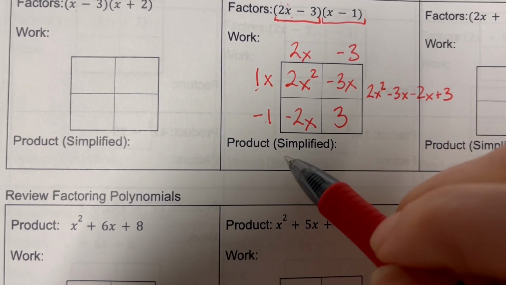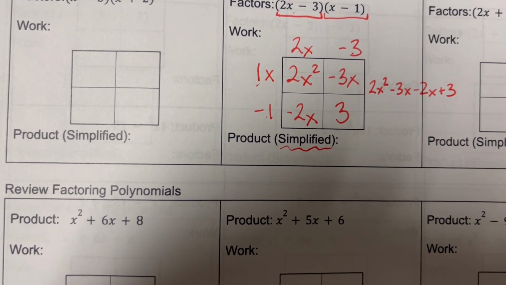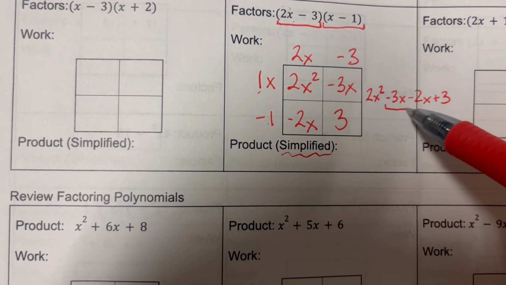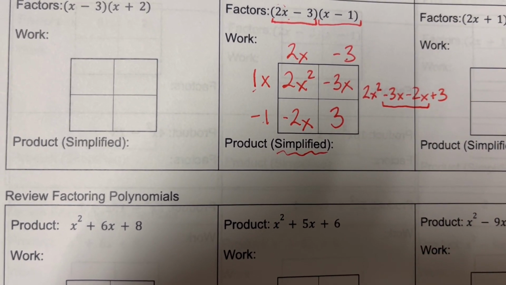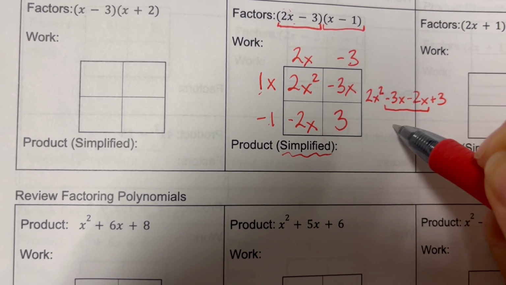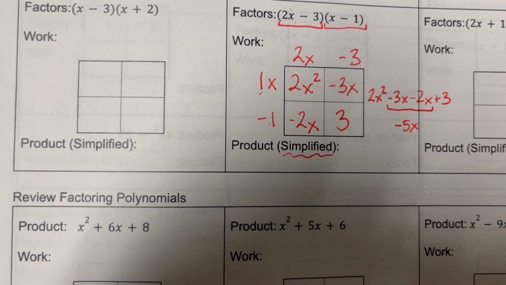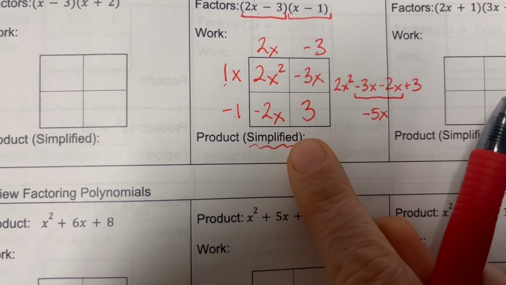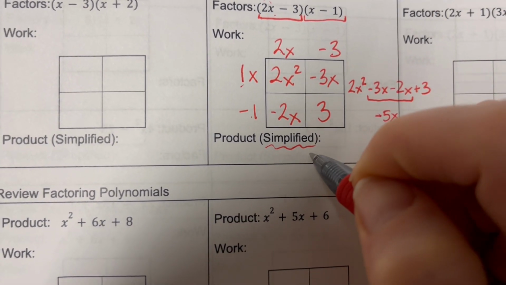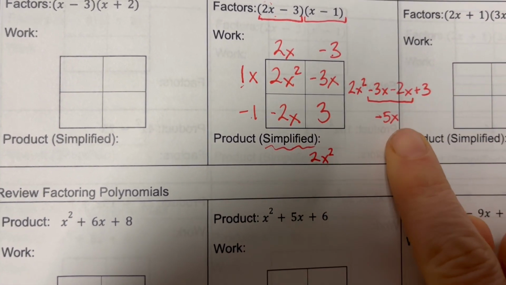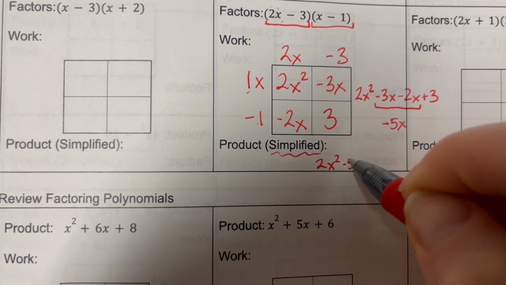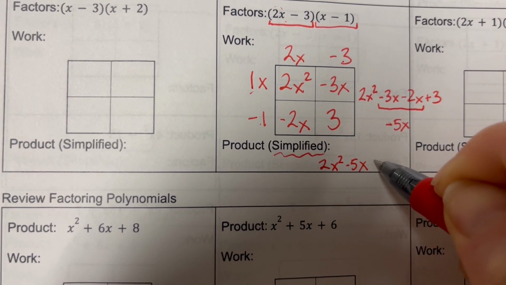But of course, it's not in simplified terms. So hopefully you know already that every single time you simplify, the middle two are going to combine to make a -5x. So now when you write your simplified product, you have your x squared term, which is a 2x squared, your x term, which is -5x, and then your constant is your +3.